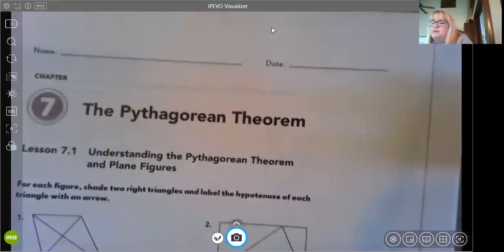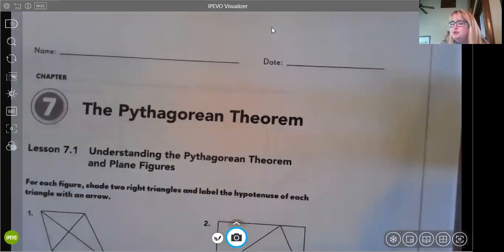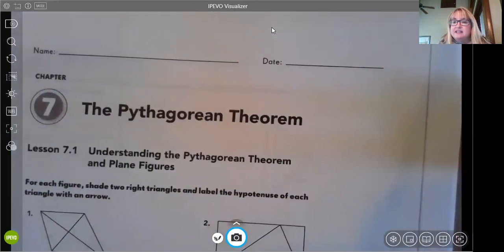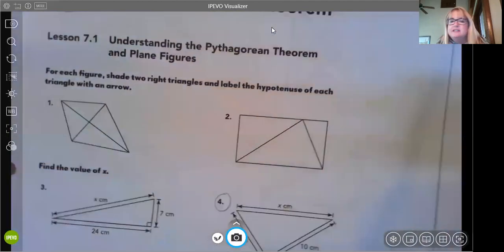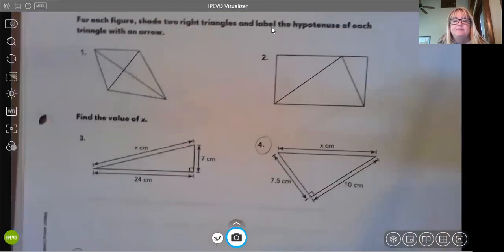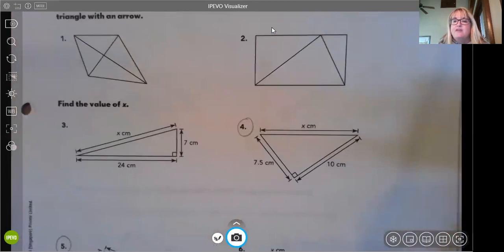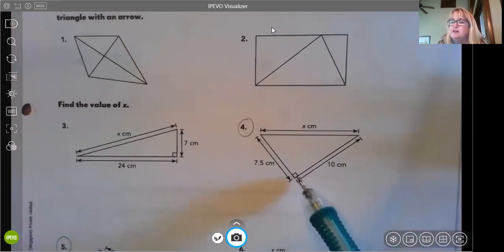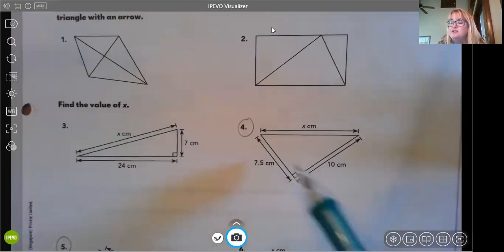One of the things that we can use the Pythagorean theorem to do is to find missing lengths. So let's look at number 4, find the value of x. So we've got a right triangle, there's the right triangle symbol, and we know the lengths of two sides.